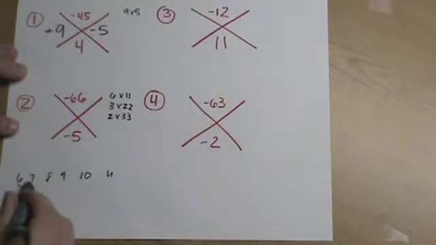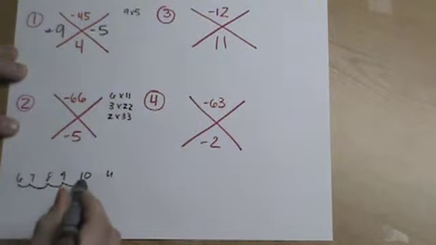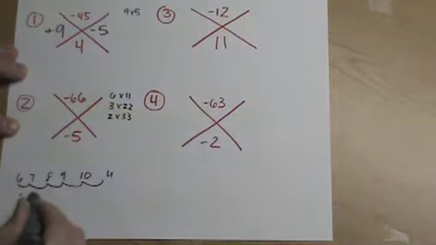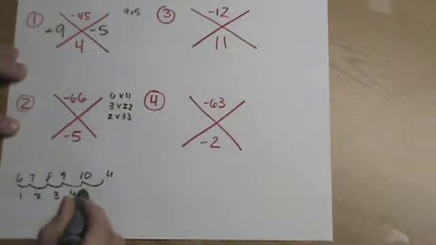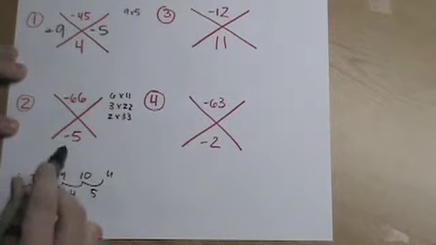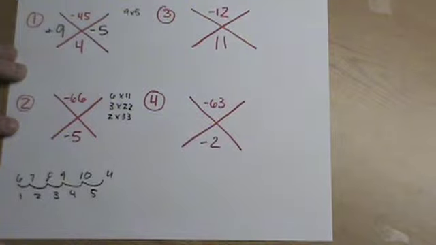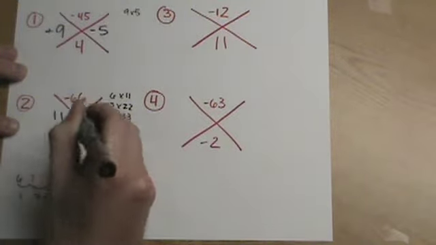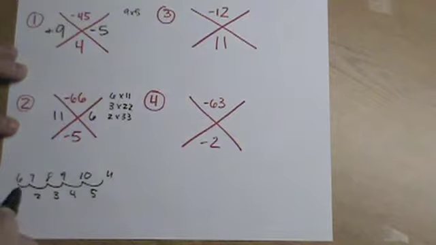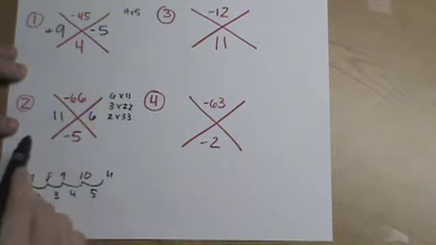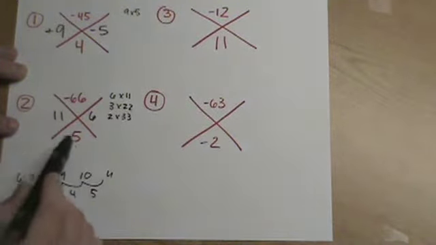So we have 1, 2, 3, 4, 5. That's a difference of 5. So that's the pair we want. So we want 11 and 6, because 11 times 6 is 66, and there's a difference of 5.